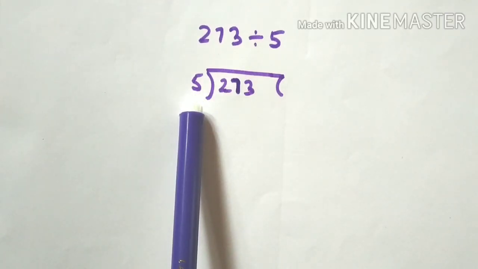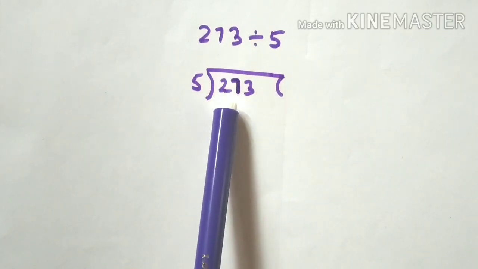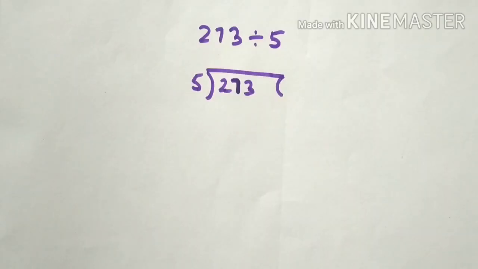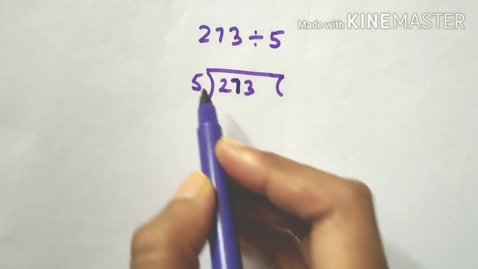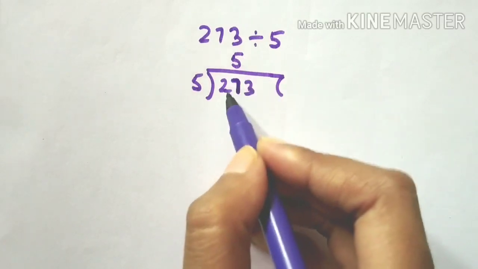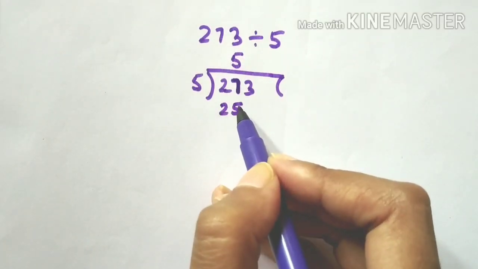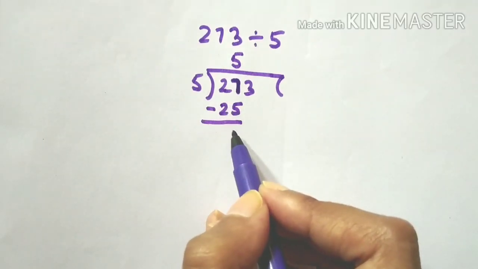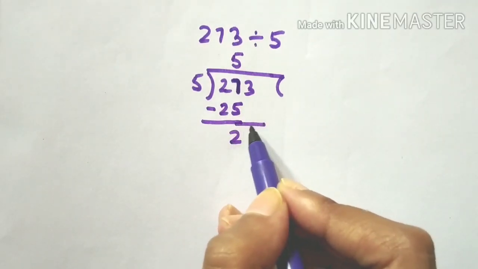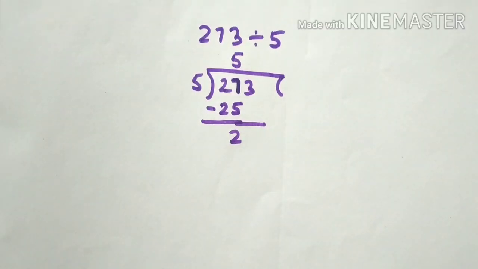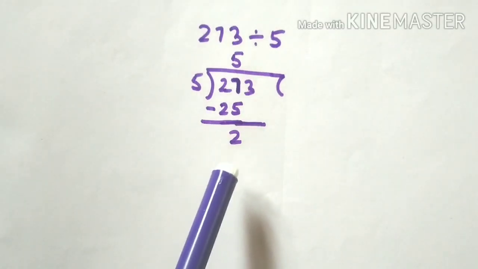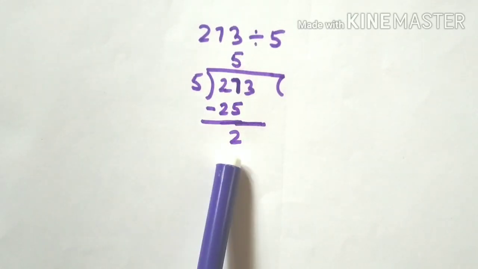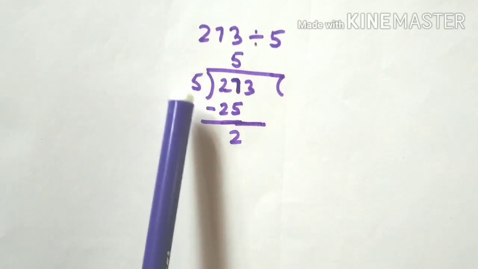So 5 multiplied by what number is equal to 27 or nearest to 27? 5 multiplied by 5 is 25, which is nearest to 27. So when we subtract 25 from 27, we get 2. Now students, compare these 2 and 5. Now when we compare them, we can see that 2 is less than 5.